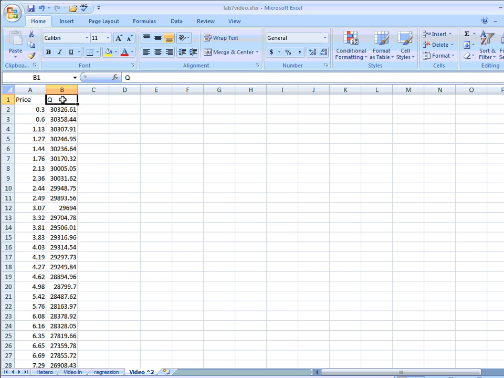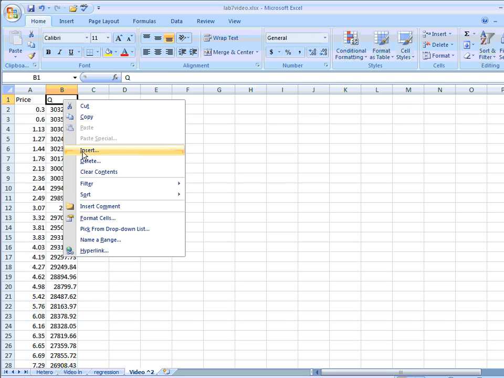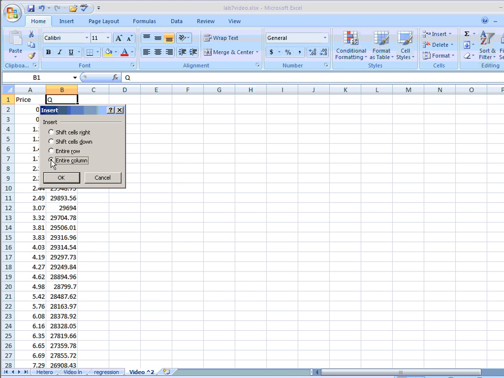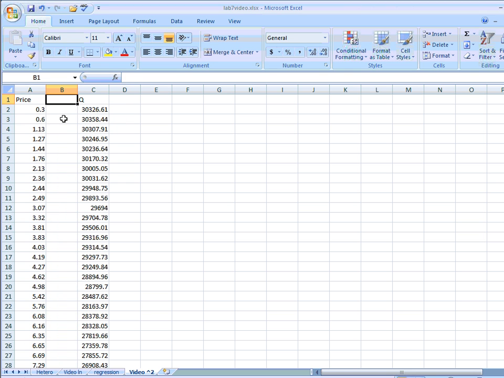So I'm going to right click, insert, entire column. And we do price squared. This is going to equal that caret 2, which means raised to the second power.